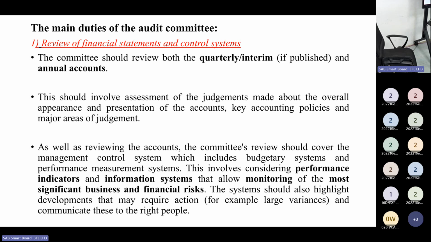They need to look at the key areas where they need to focus. So before publishing, they need to take care of these things with regard to annual reports.